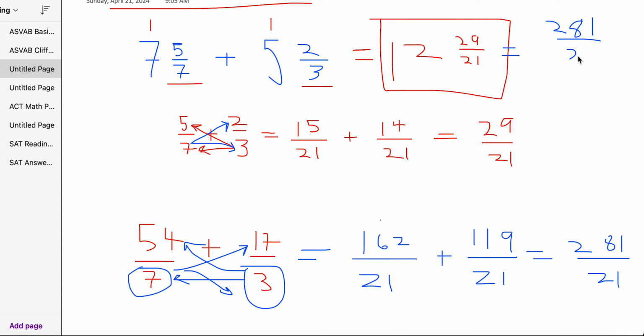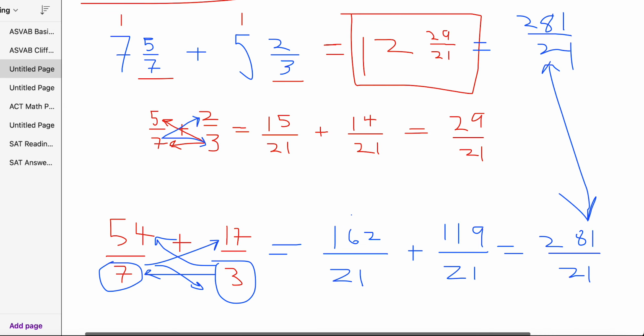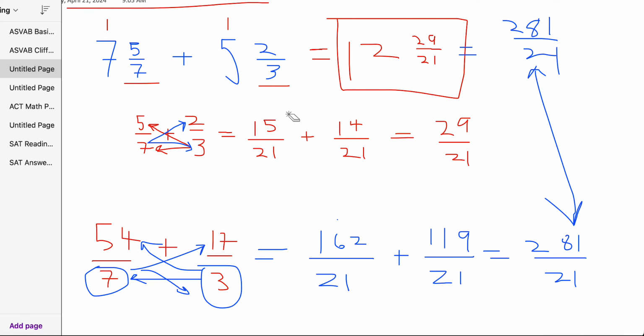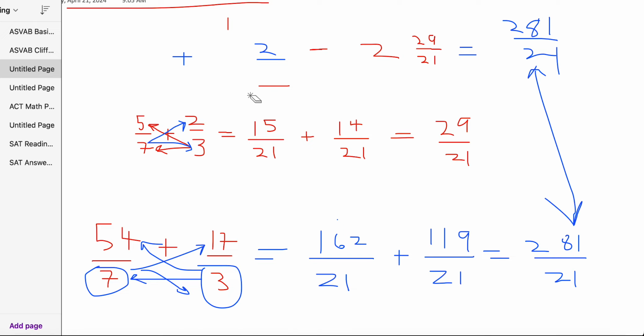And then this is also over 21, right? And so you see that these two answers are equal. One is in mixed form and one is in improper fraction form. So these are equal. So that's just, for dealing with additions, right? So fractional additions, that's just what this example is.